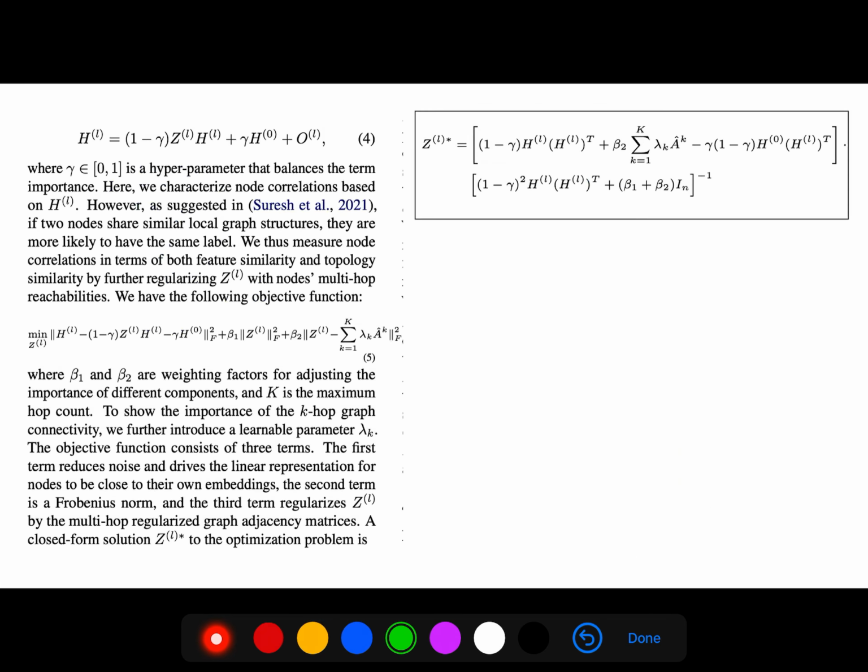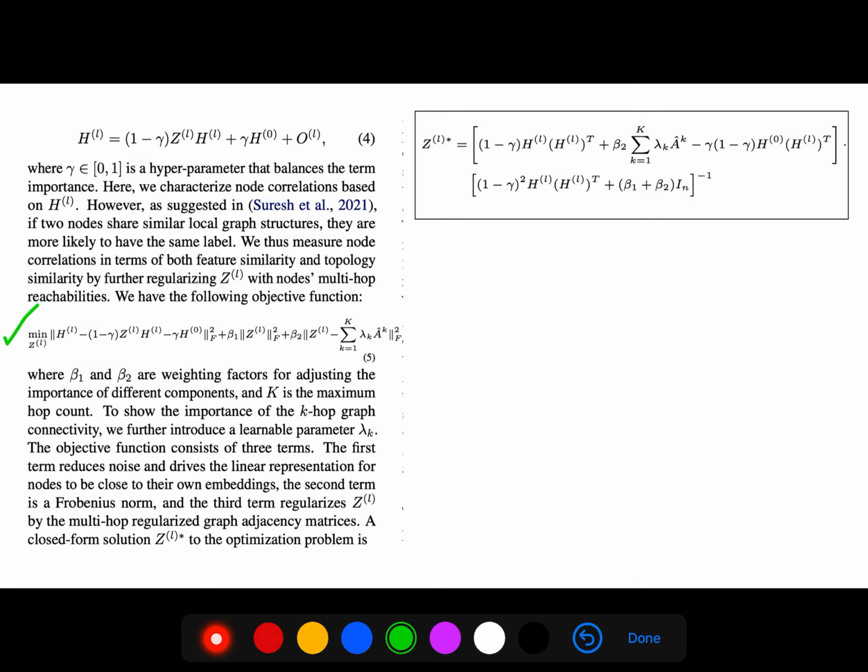We characterize node correlations based on edges. If two nodes share similar local graph structure, they are more likely to have the same label. We measure node correlations in terms of both feature similarity and topology similarity by further regularizing with nodes' multi-hop reachabilities. So we have this objective to minimize.